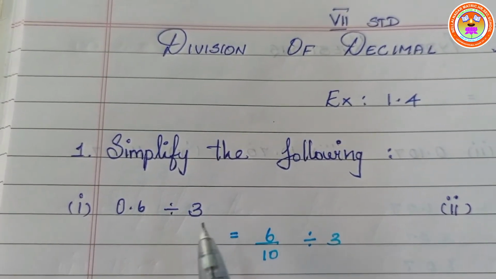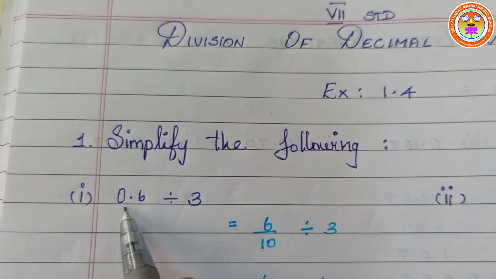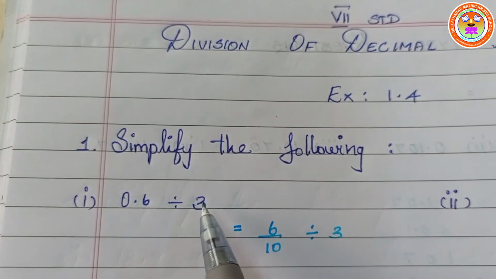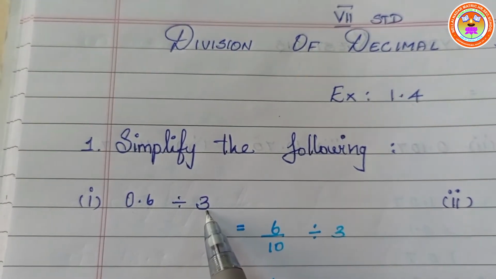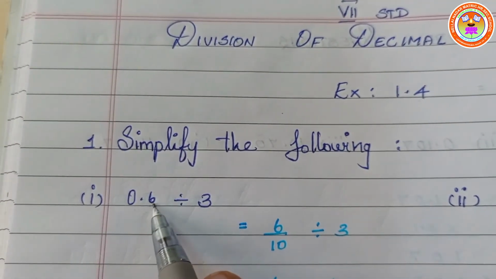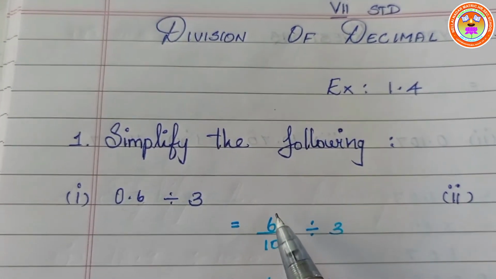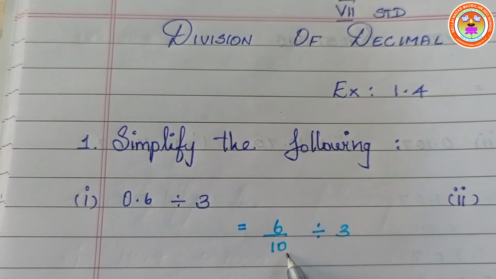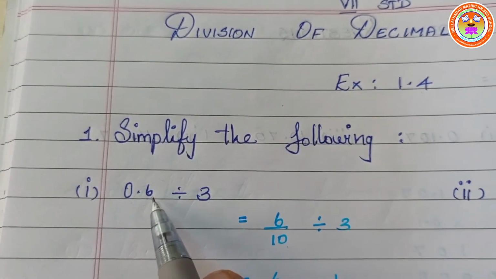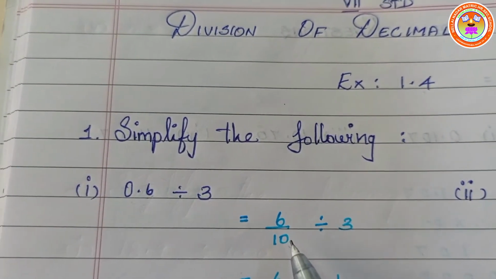0.6 divided by 3. So here 0.6 is a decimal number which is to be divided by 3, which is a whole number. So first let us convert the decimal number into a fraction by writing it as 6 by 10, because there is only one place of decimal value, so we are going to divide by 10.